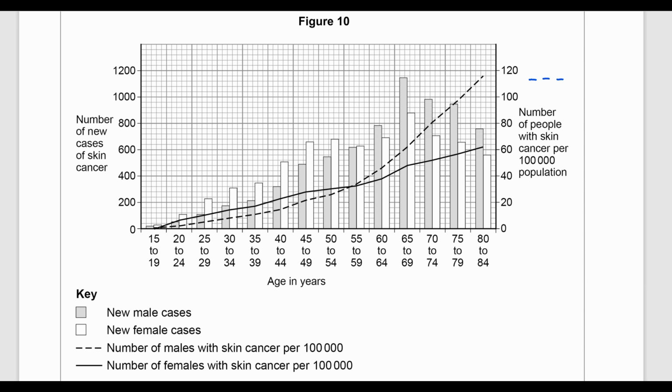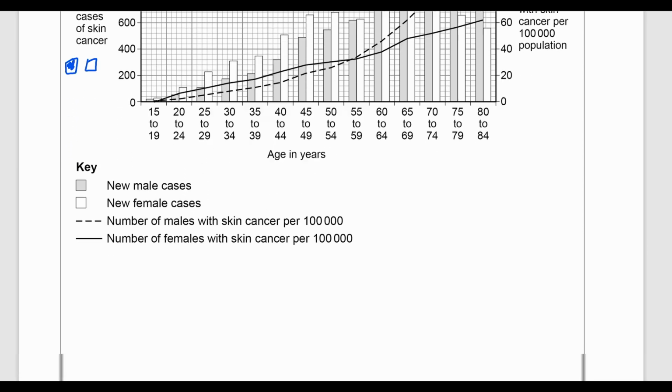We know that the dashed line and the solid line are for the y-axis on the right, whereas our bars apply to the y-axis on the left-hand side. So when it comes to analyzing this, we can do it a little bit faster knowing this information.